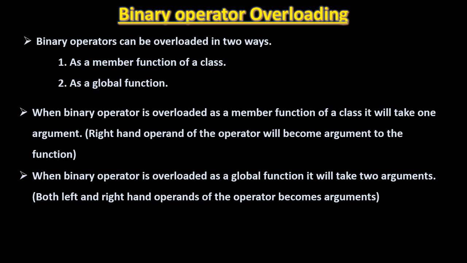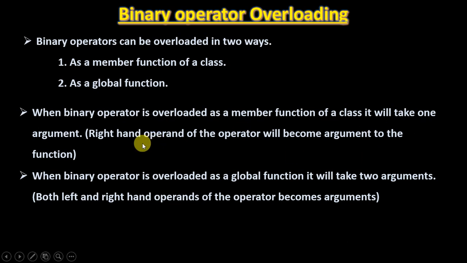When a binary operator is overloaded as a member function of a class, it will take only one argument. When we are invoking any member function, we need one object, then dot and the function name, and in that we pass the arguments.